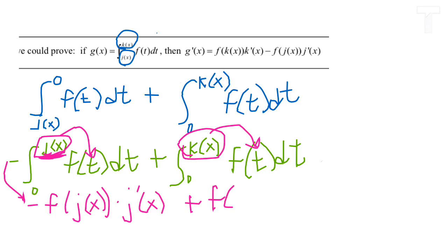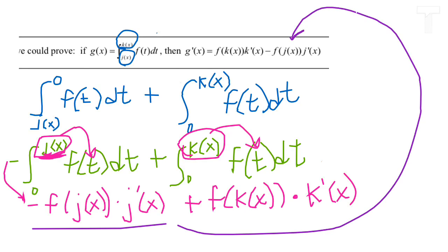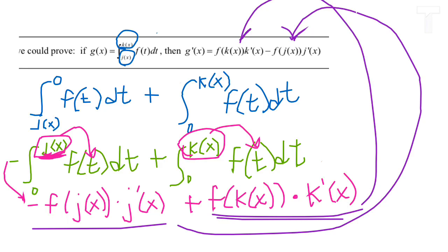So f of k of x times the derivative, which would be k prime. And oh my gosh, I think this is a match for what we have up on top. It's just that this is second because it's subtraction. So it's second. And this is first.